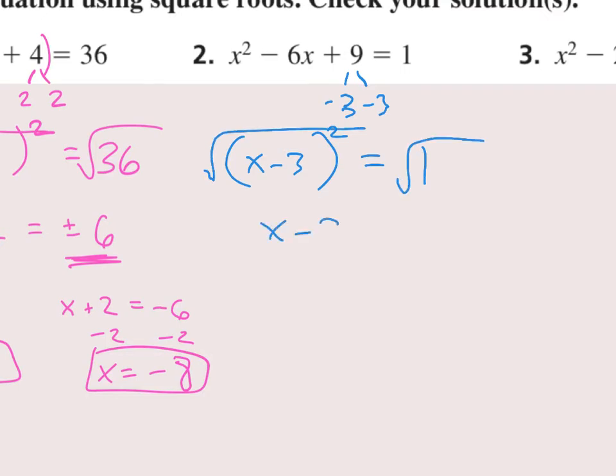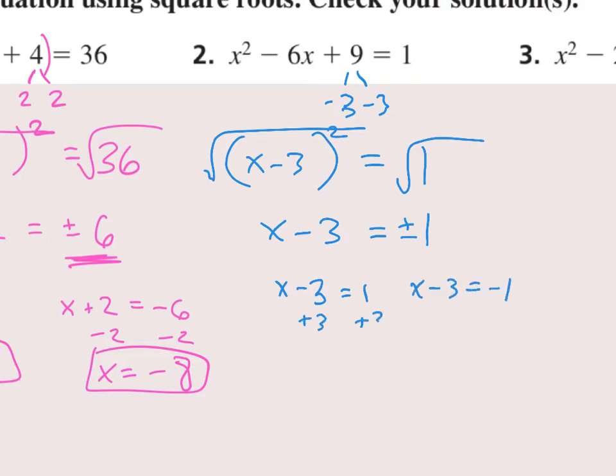So you have x minus 3. What's the square root of 1? Plus or minus 1. Can't forget that plus or minus. So we split it up into our two equations. x minus 3 is equal to 1. x minus 3 is equal to negative 1.